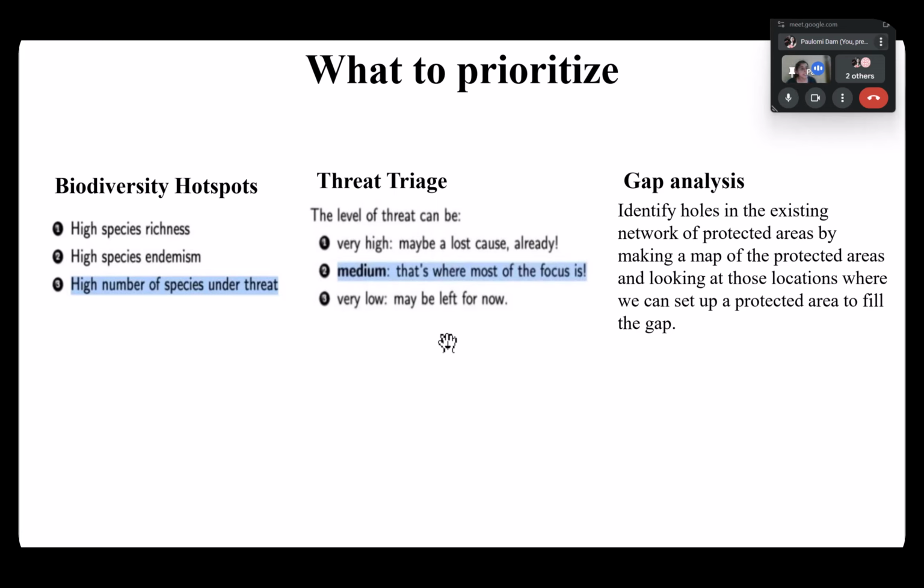And the other thing is gap analysis, where, like I said, you monitor the entire situation and try to identify holes in the existing network of protected areas. So you can imagine, let's say there is a region where you have animals who are currently endangered. Try to understand why they are endangered. Is it because their habitat is not connected properly?